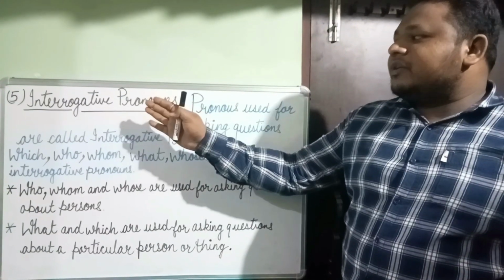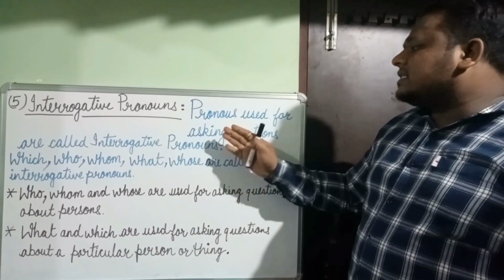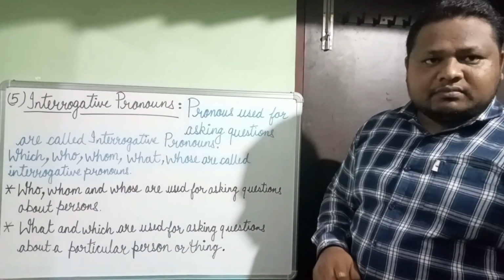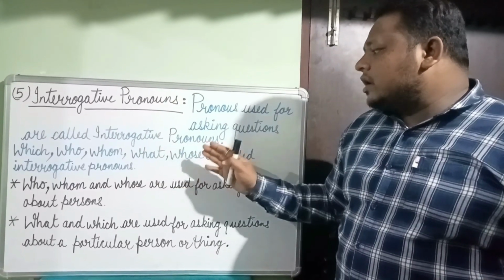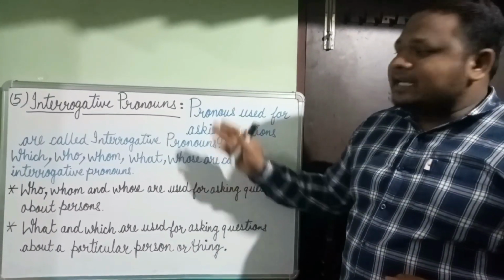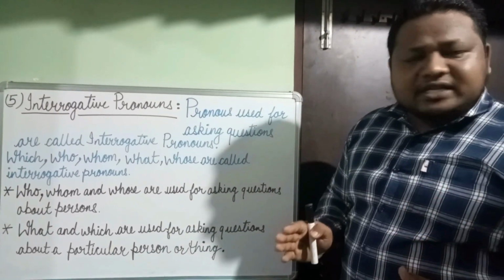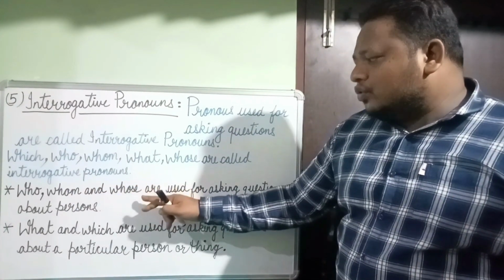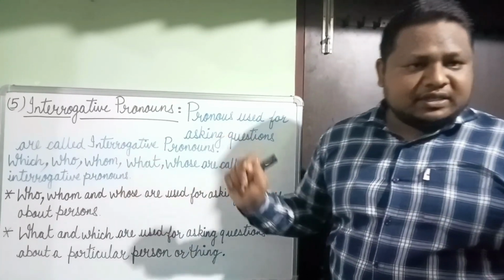Number 5, interrogative pronouns. Pronouns used for asking questions are called interrogative pronouns. Which, who, whom, what, whose are some of the words used as interrogative pronouns. Now there are some important points about interrogative pronouns. Who, whom, and whose are used for asking questions about persons.